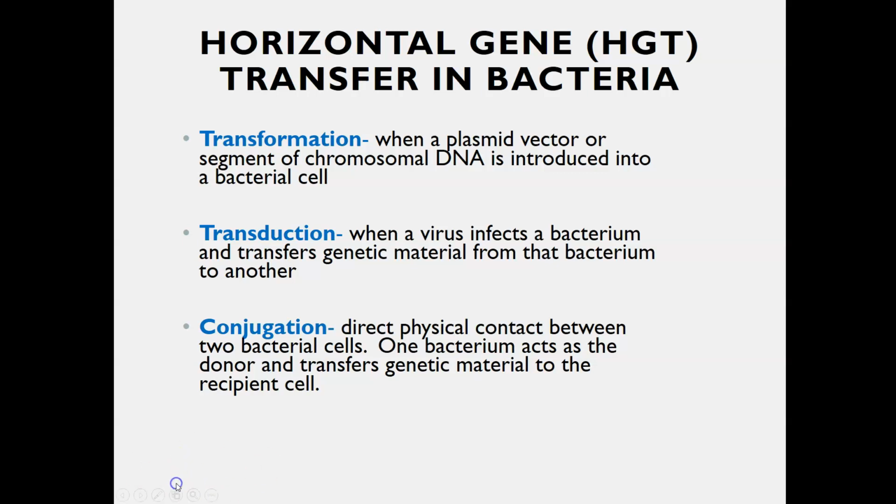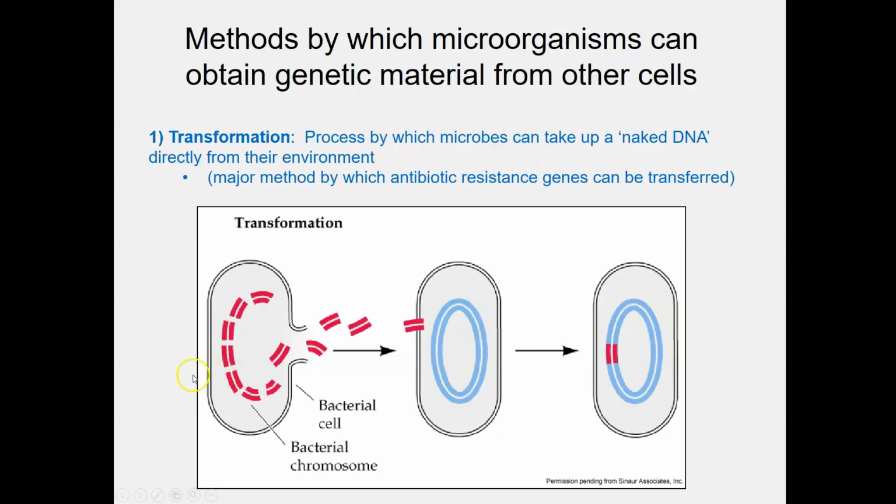So the first one, again, is bacterial transformation. So here we have a bacteria that is in the process of dying. It's lysing open, its phospholipid bilayer is breaking open, and all the genetic material is breaking down into small pieces and getting digested and is spewed out into the surrounding environment.